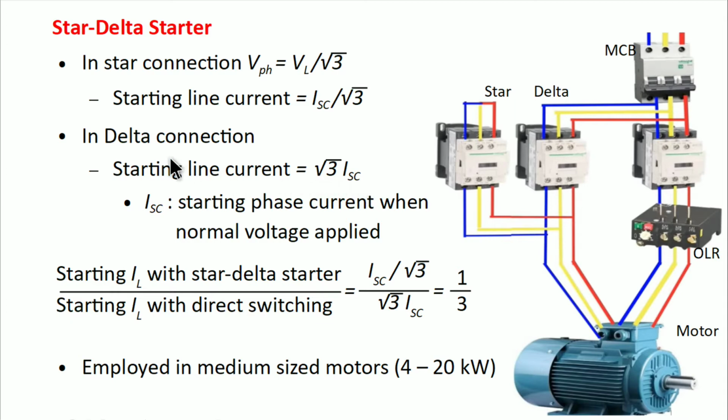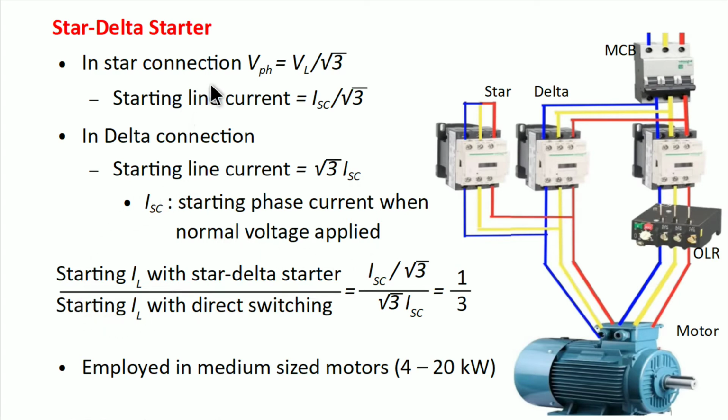Now in delta connection, the voltage applied across the winding is equal to the line voltage, so the current is ISC in each phase, but the line current in delta connection is root 3 times the phase current. This is our phase current. So ISC is the starting phase current when normal voltage is applied.